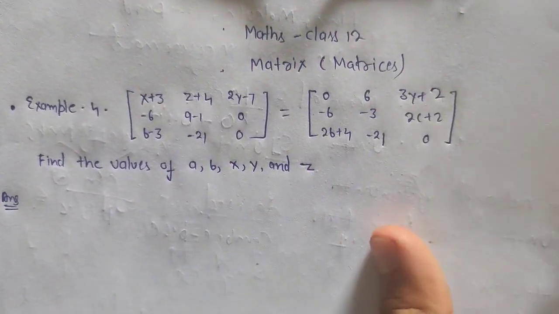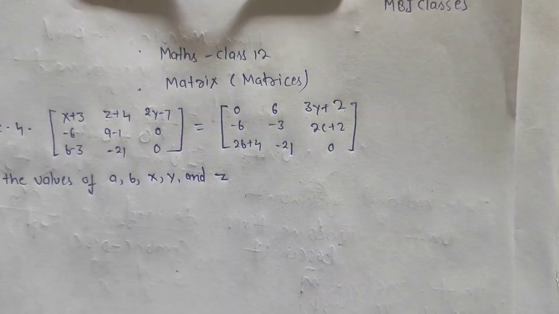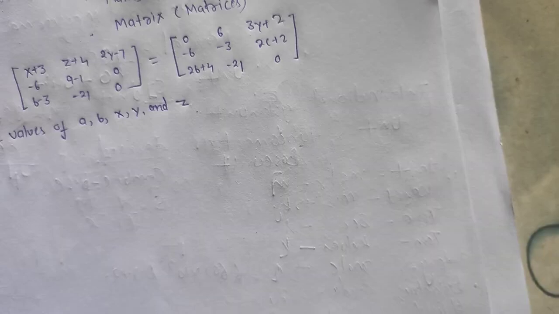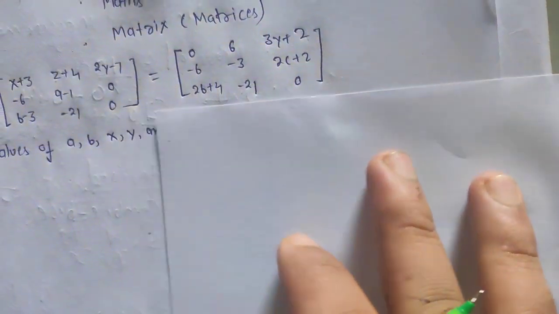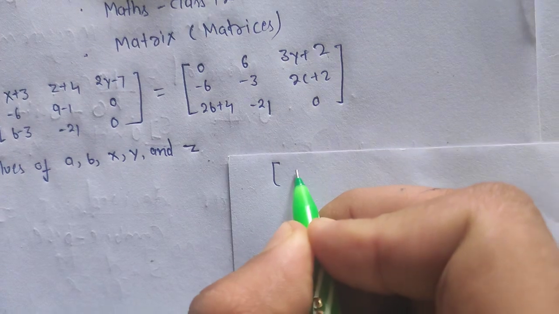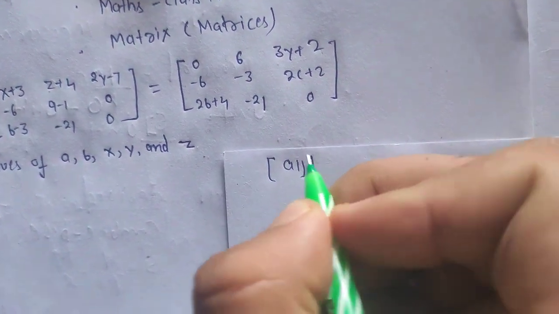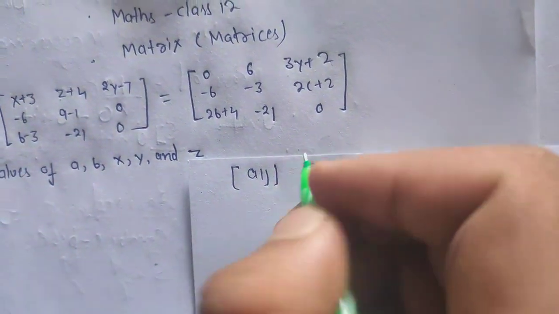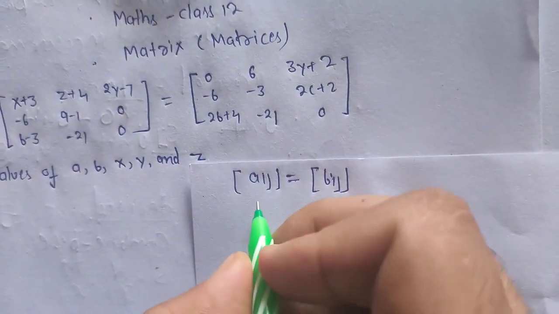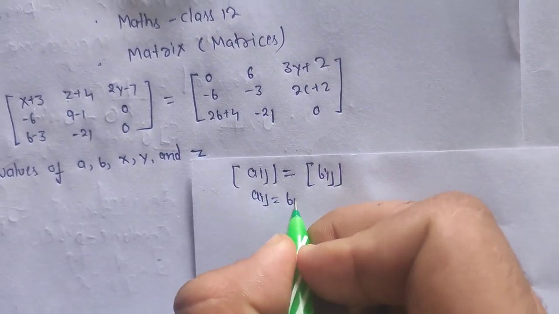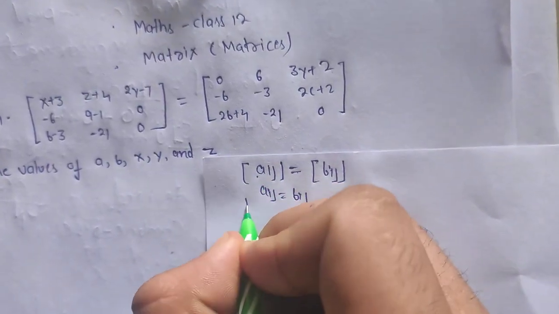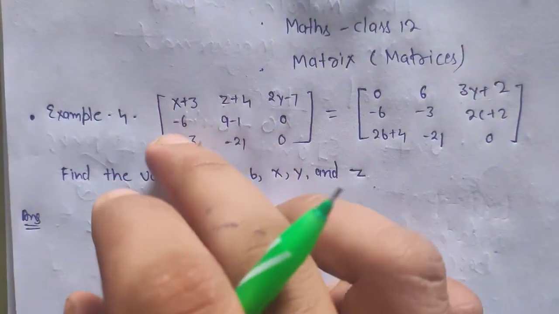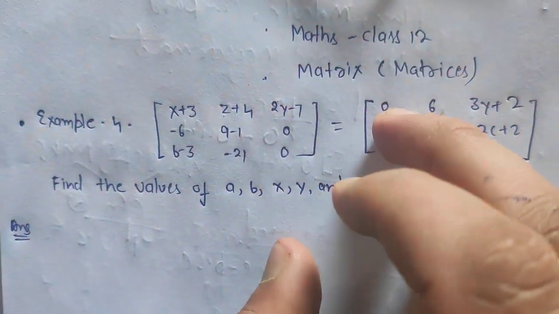By the concept of equality, suppose I say the first matrix is Aij and the second matrix Bij, they are said to be equal if Aij is equal to Bij, that is, all elements of A are equal to all elements of B. Similarly, A11 is equal to B11 of the second one.